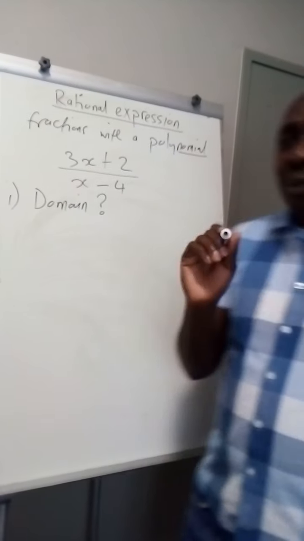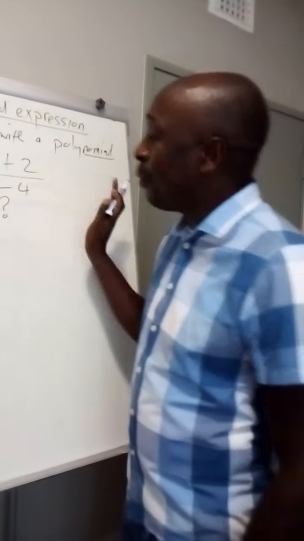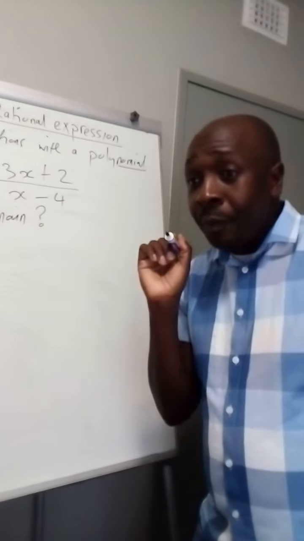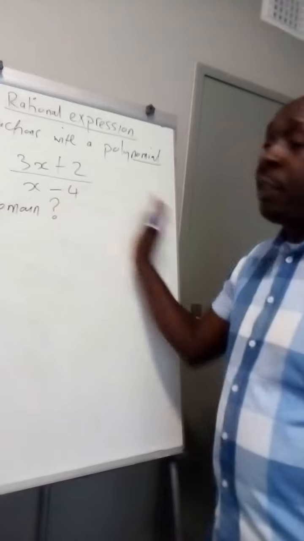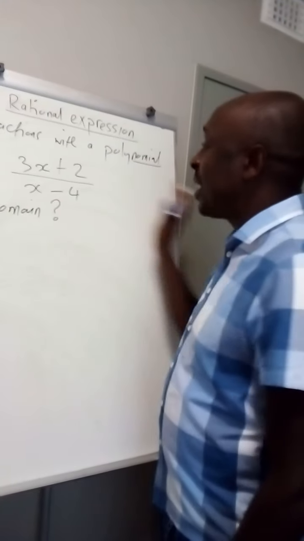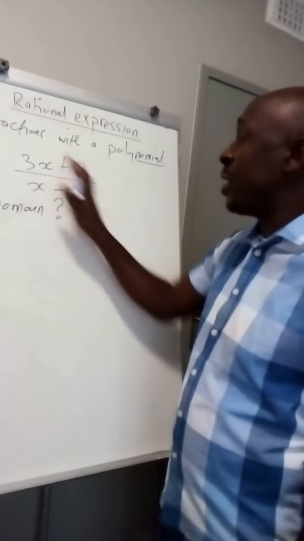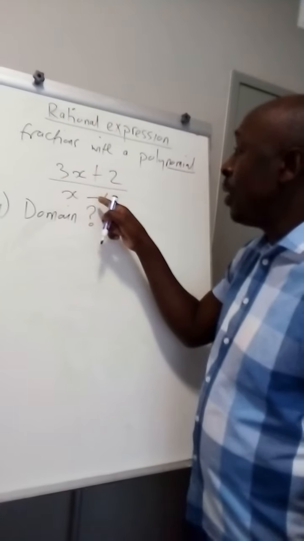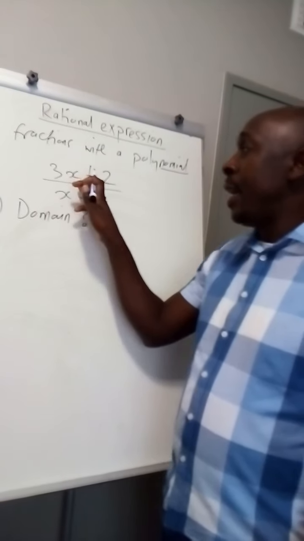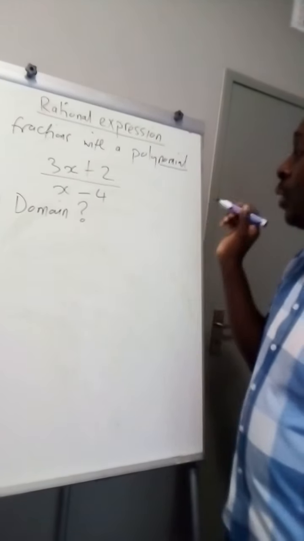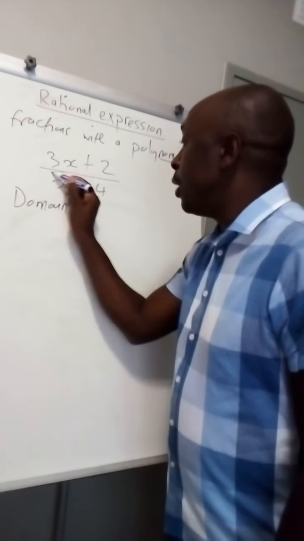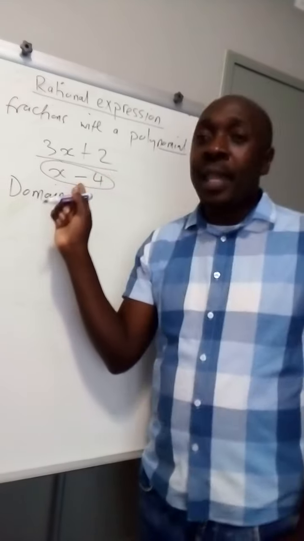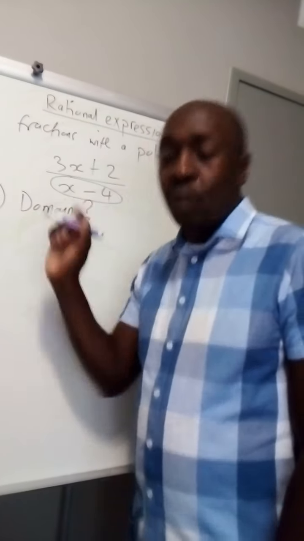A domain, in simple terms, is a set of all possible values of the variables. Normally we concentrate on the denominator, so we need to find the domain of the denominator.